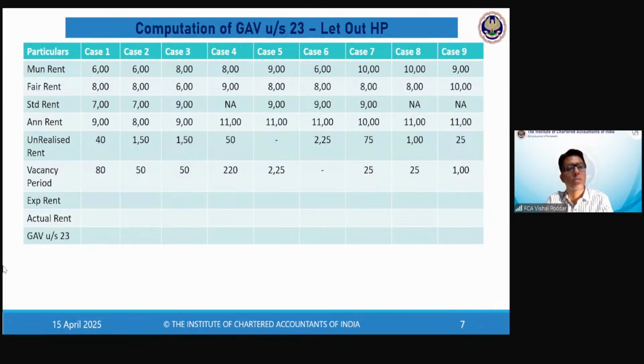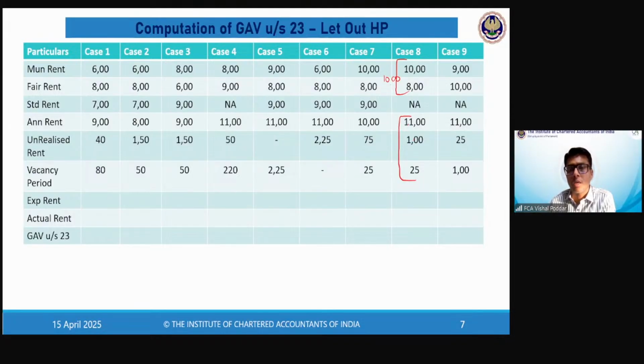Pragya is saying, sir, in the last lecture, in the example, case 8. Okay, Pragya is saying case 8. Let's see, Pragya. So you are talking about this case 8. In this case, ER is 10, right? AR is this minus this minus this.